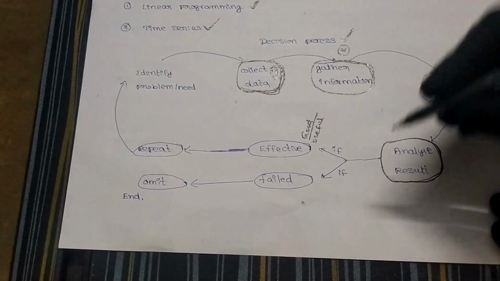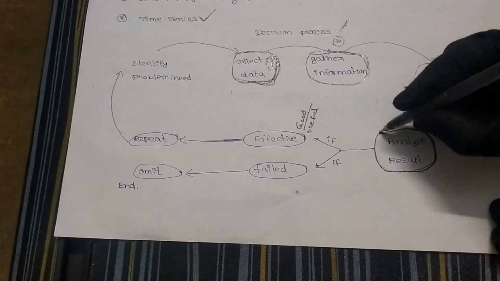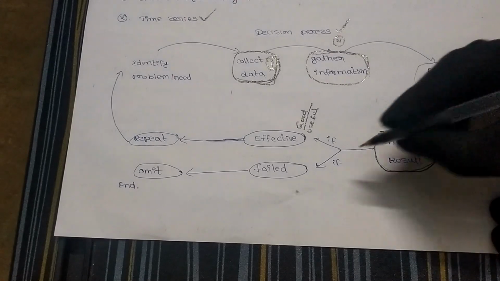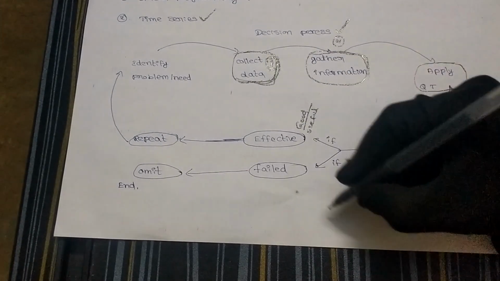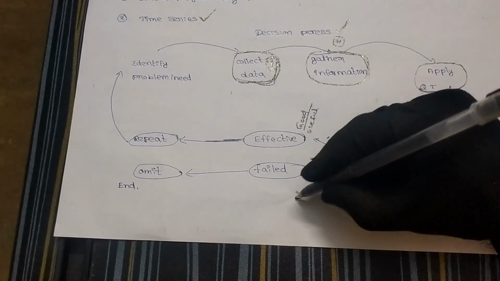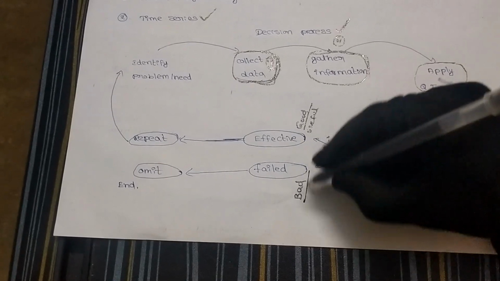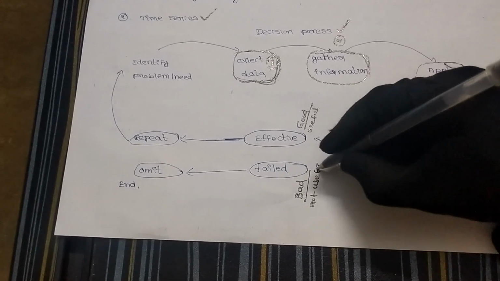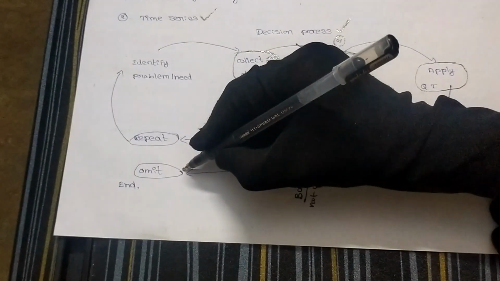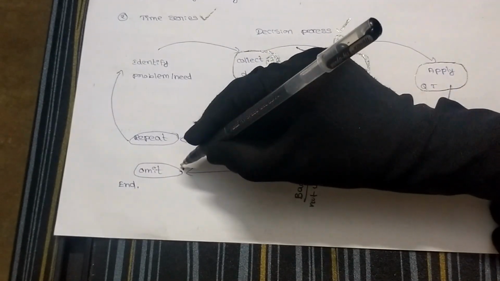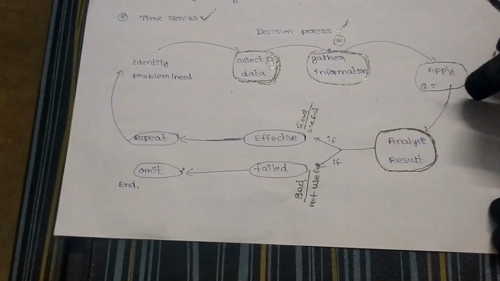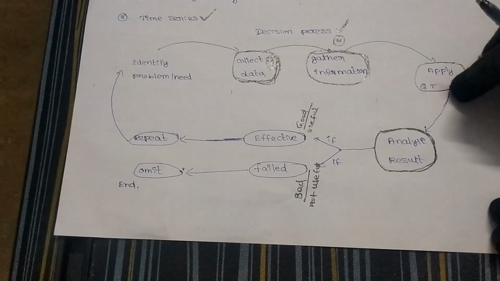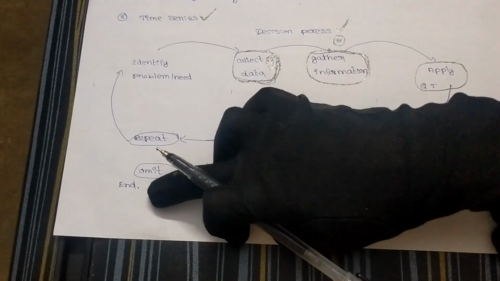And in case, another thing, after the analysis, if the technique is failed, that means there is no good result, there is a bad result and it is not useful, then what do you do? You will be definitely omitting that. Omitting in the sense you will eliminate. Next time you are not going to apply the same procedure. And there will be the end of that procedure.